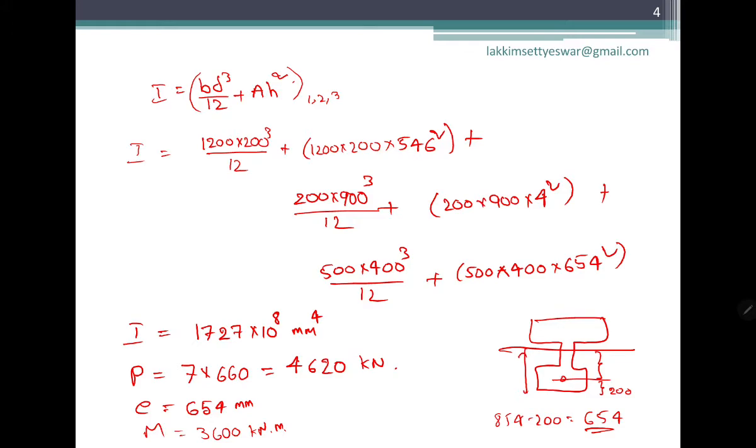Now we need to calculate the lever arm. a is equal to M by P, where M is the bending moment and P is the pre-stressing force. The moment is 3600 kilonewton meter and the pre-stressing force is 4620 kilonewton.